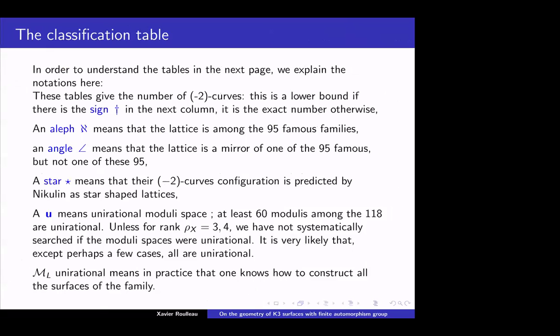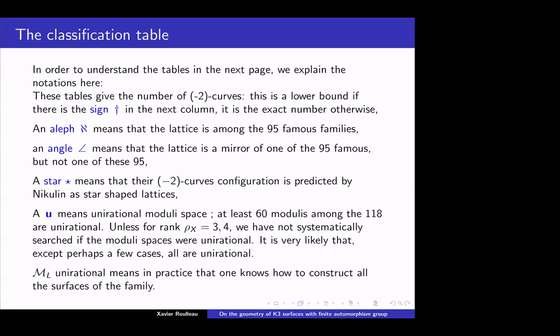The main aim of this table is to give the number of -2 curves on the 118 families. But for some of these families, the computation made by a computer never stops, so I put a dagger on the side when it is only a lower bound that I know.